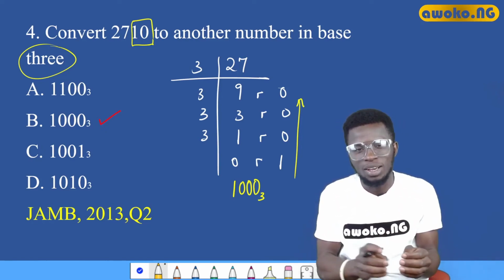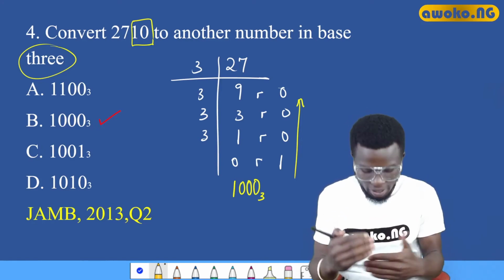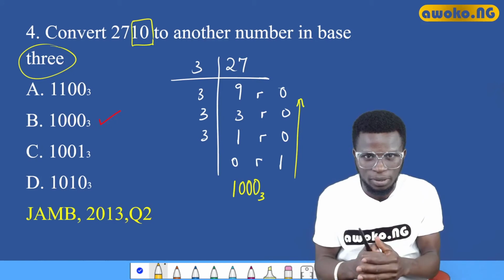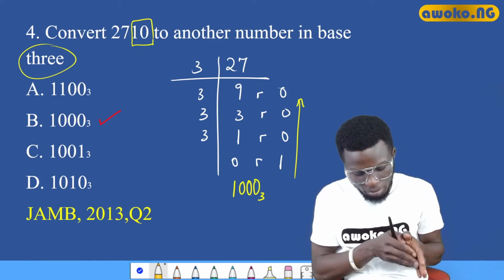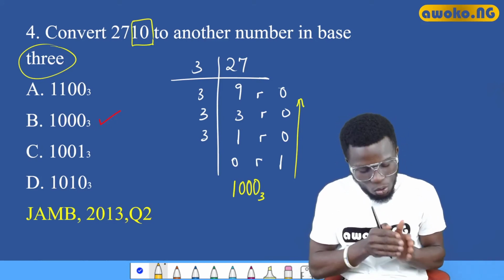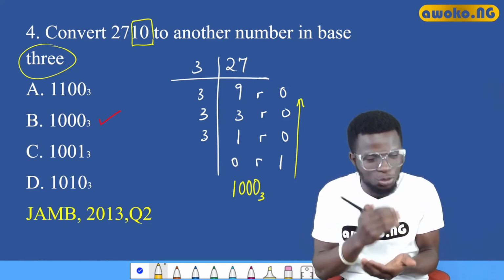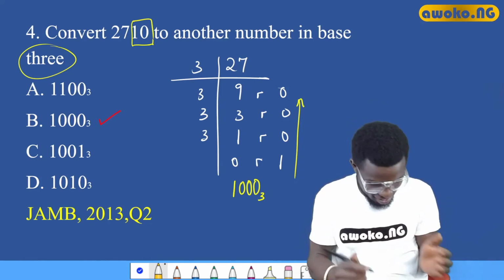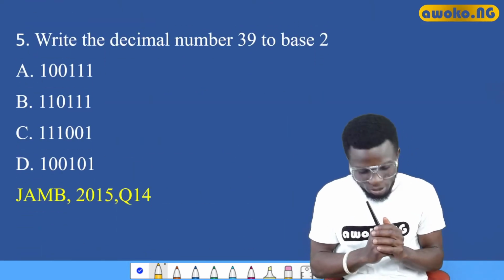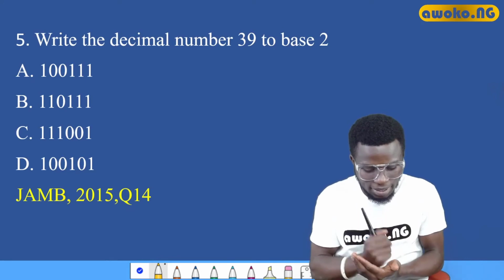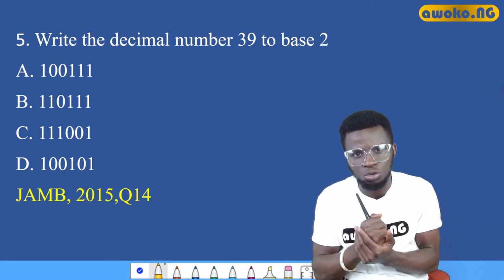I'm sure with this, you're beginning to see the trend in which the question is moving. Okay, now this is JAMB 2013 question 2 also. So it has just always been question 2, question 2, question 2 like that. Okay, question 5. They said, write the decimal number to base 2.